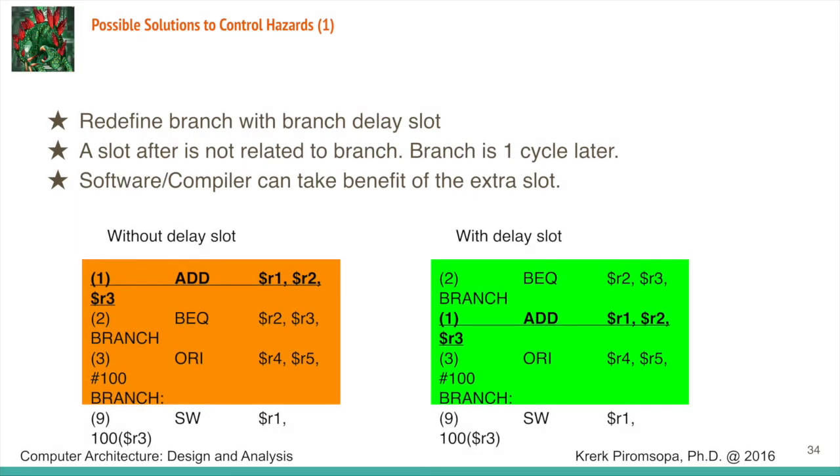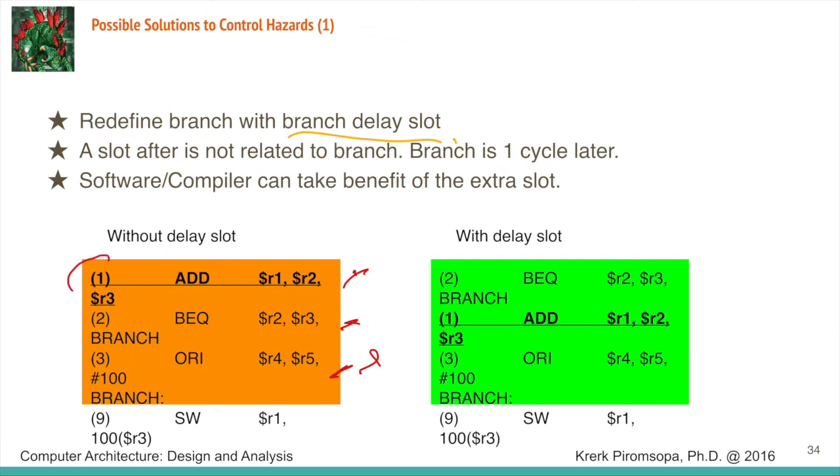So let's try this. What if we ask the compiler for help, and for the hardware, we modify the semantics of our branch a little bit? We call it delay branch. In a sense, the instruction after the branch has nothing to do with the branch. Without the delay branch, you do the branch, but we have to decide right away whether we want to do the branch or not.